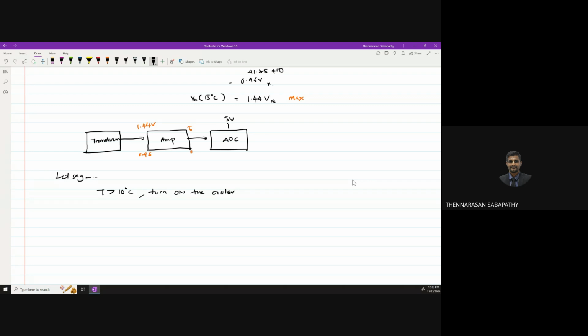This is the output device, we call it an output transducer. So T greater than 10 degrees Celsius, turn on the cooler.